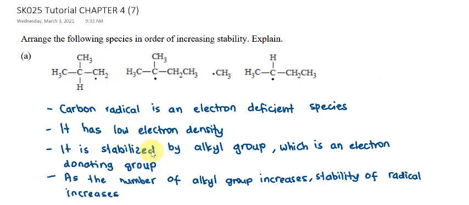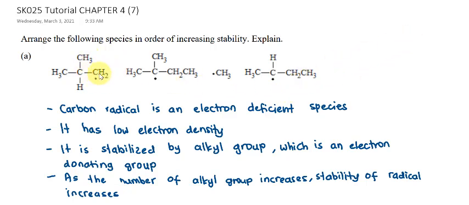As the number of alkyl groups increases, the stability of the carbon radical will also increase. Now let's have a look at the compounds that we have here. We have 4 carbon radicals. Let's classify each of the carbon radicals first and identify how many alkyl groups are attached to it.